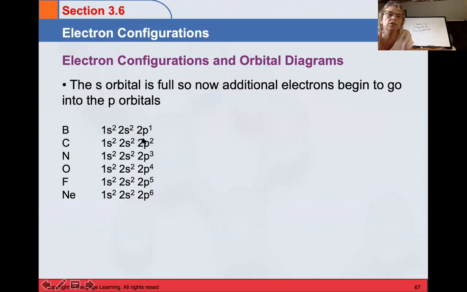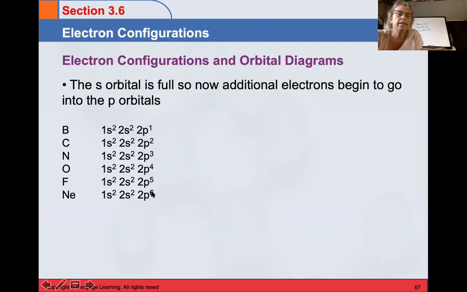And notice these are just the elements that come after boron in the second period of the periodic table. Each successive element has to add 1 additional electron because we're adding 1 additional proton as we move across the table. So we're just going across the second period, filling up the p subshell.